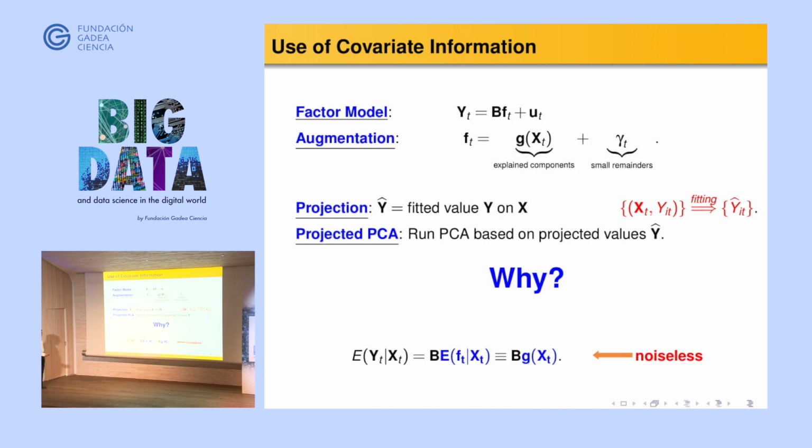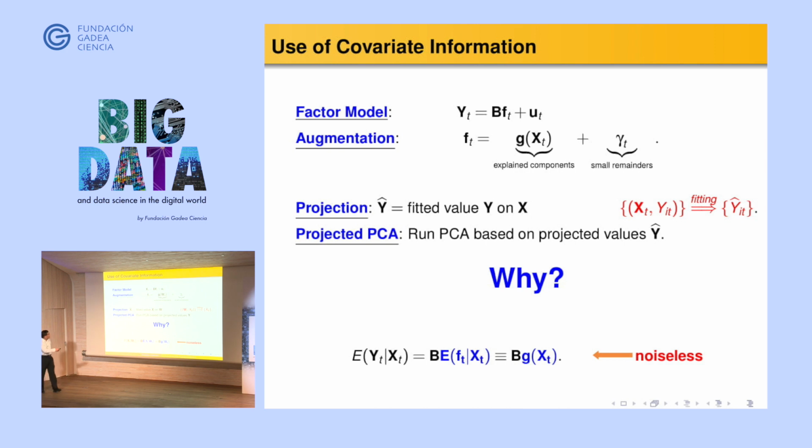Now this is my new input, and this is now my latent factors. Compare with this model, what do you get? I just have no noise terms. So it's the same; you still have a factor model. If you are able to calculate this projection theoretically, then this projected data becomes a noiseless factor model.